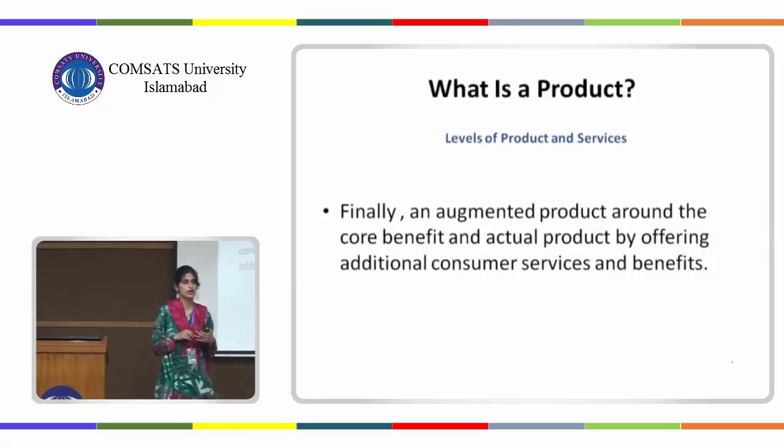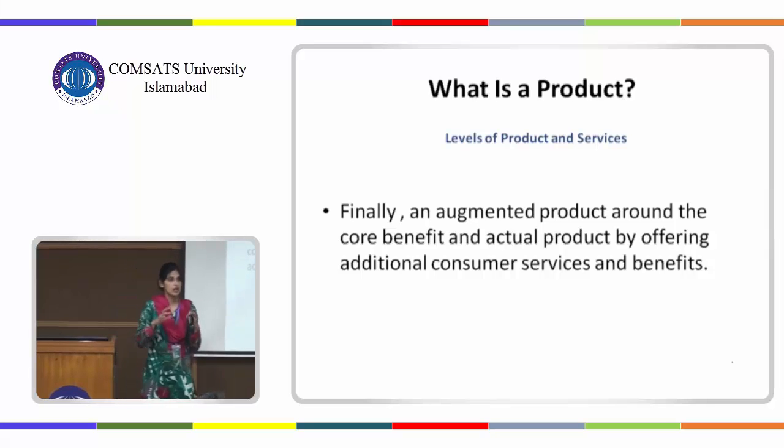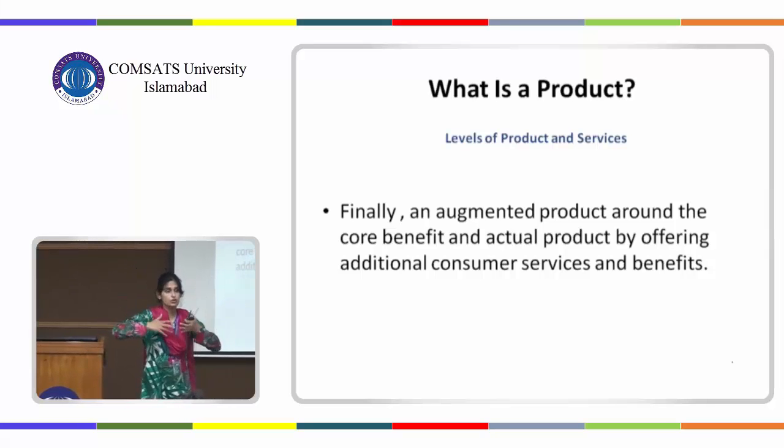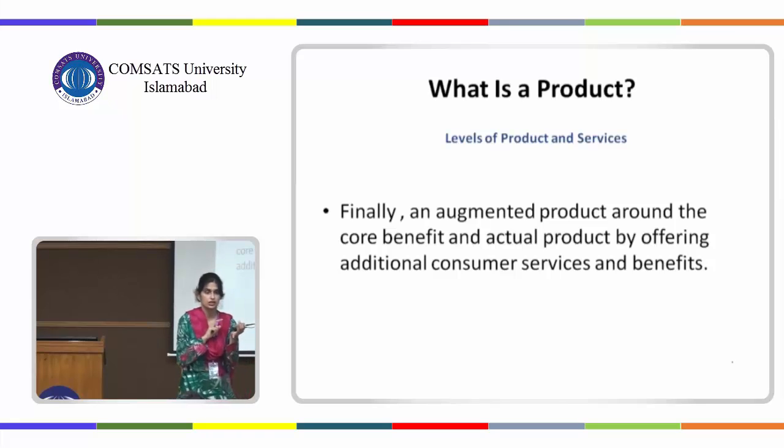The third level of the product is the augmented product. You've made the product. How might you augment it? How might you make it even more appealing for the customer? That is what happens in the augmented product. So what is the after sales service? Nowadays there's an ad coming of Dollars, right? They're not talking about the product, but they're actually talking about the augmented product. They're talking about Dollar service.